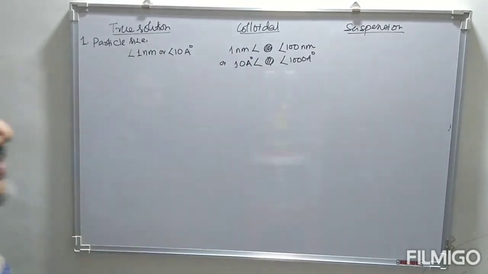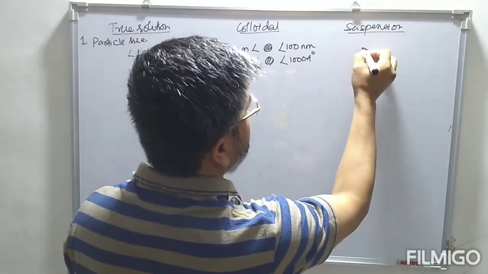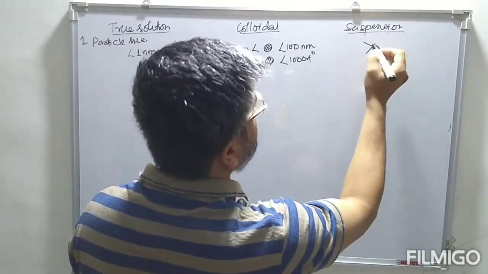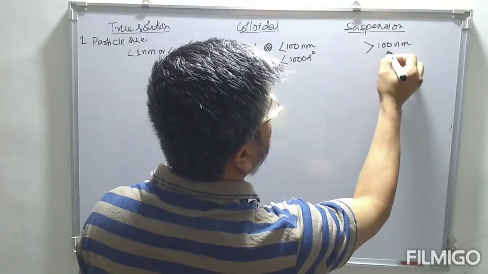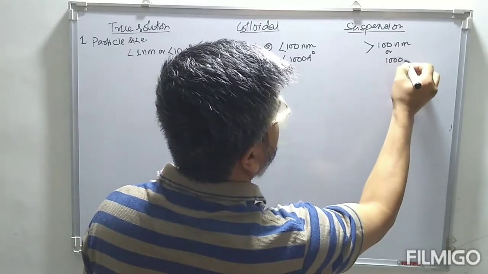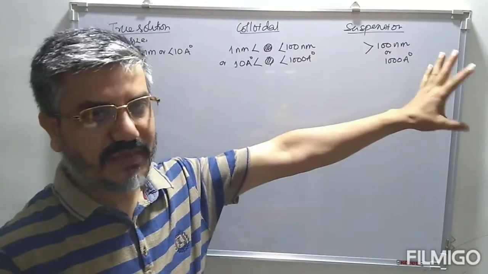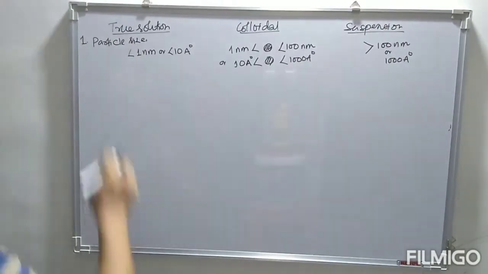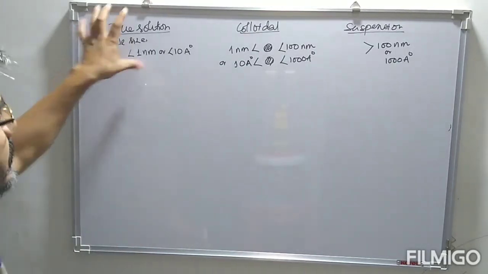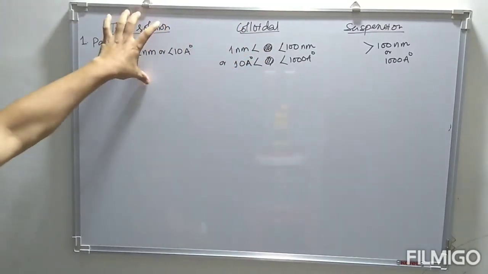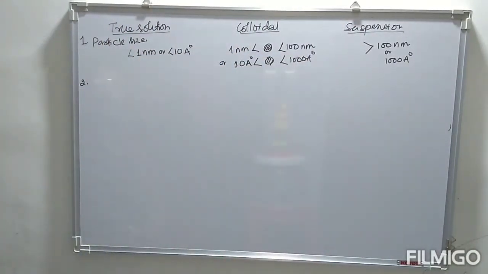This forms a colloidal solution. But if the size of the particle is greater than 100 nanometer or 1000 angstrom, then this forms a suspension. So this is the first difference, the size, between these three types of solution: true solution, colloidal solution, and suspension.